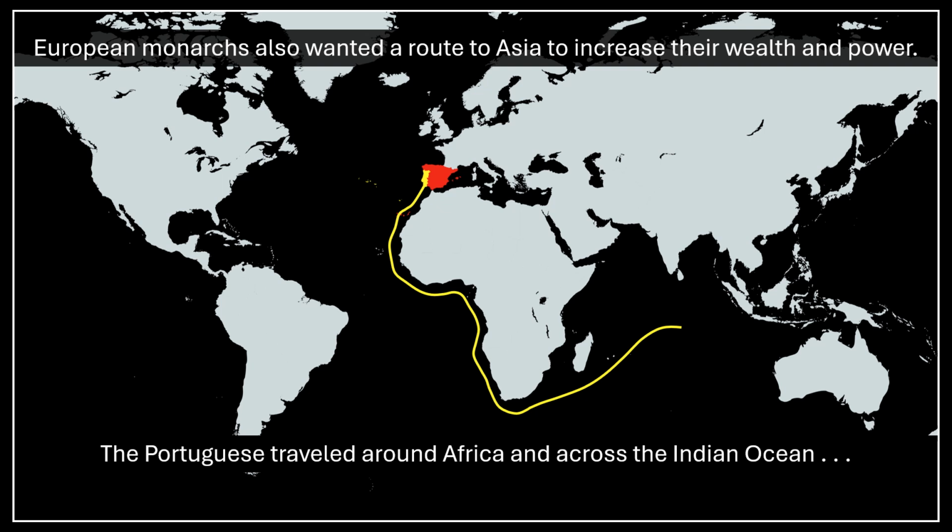And so he got his boat and he started sailing up and down the coastline of West Africa. And he actually settled ports, trading posts for Portugal, all around that protruding area of West Africa and a little bit down.